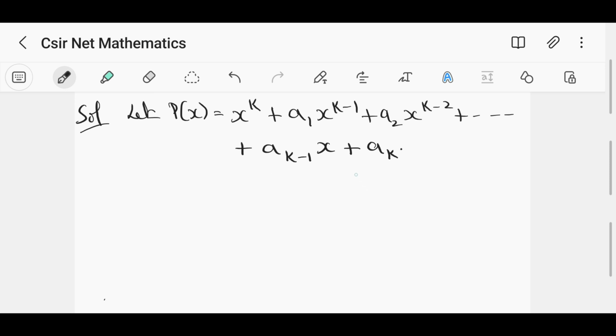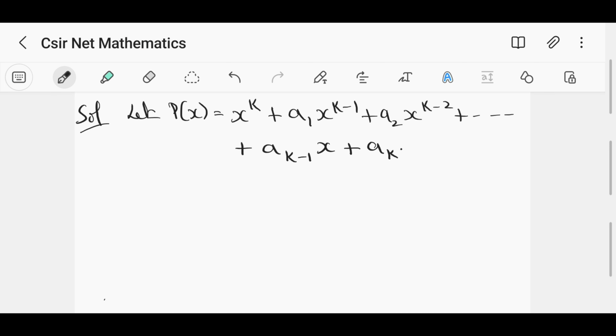Now this is a polynomial of degree k greater than 0 with a non-zero constant term.